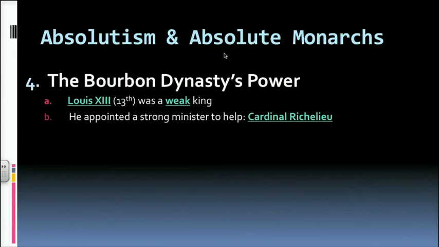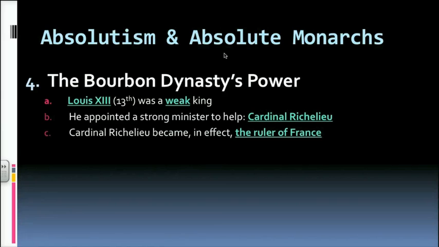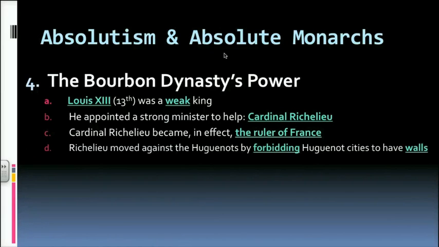So Louis XIII is going to appoint a strong minister to help him. And the minister's name is Cardinal Richelieu. Cardinals are a member of the Catholic clergy, so they're kind of higher up in the Catholic Church. So there's no doubt that Cardinal Richelieu is a very strong Catholic. So because of Louis's weak stature, Cardinal Richelieu became, really in effect, the ruler of France. He ruled behind the throne.